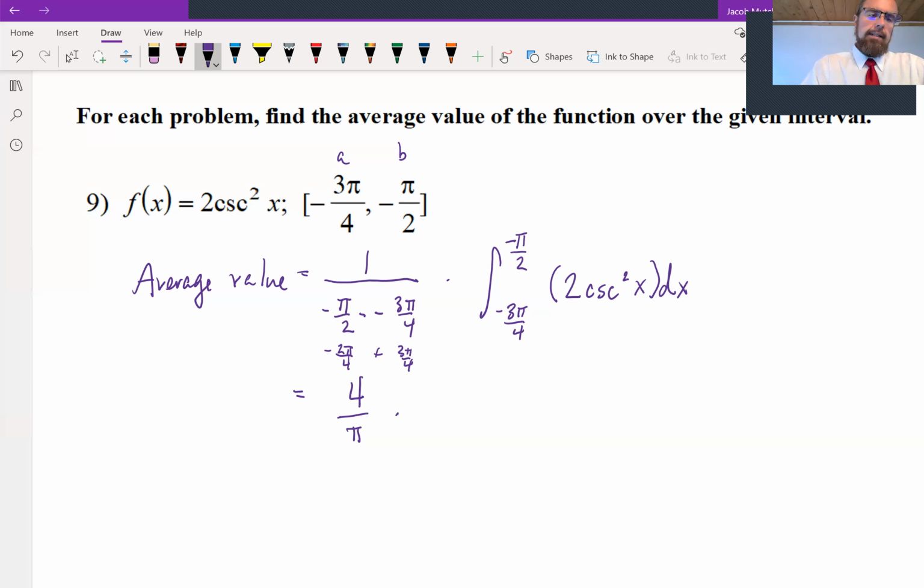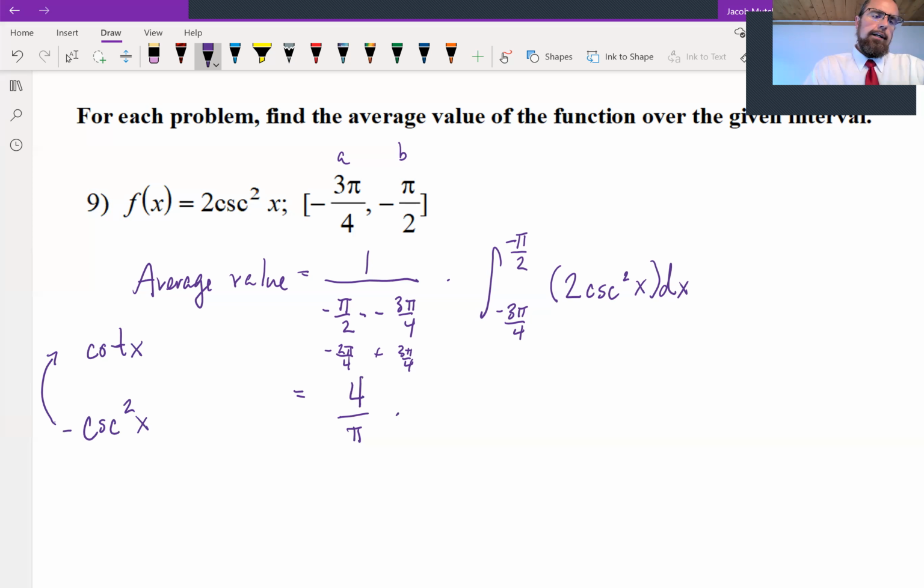If I think about the antiderivative of just plain old cosecant squared of x, the original function that I would have used to get the antiderivative here would have been cotangent of x. But I have to keep in mind the derivative of cotangent of x would have been negative cosecant squared of x.